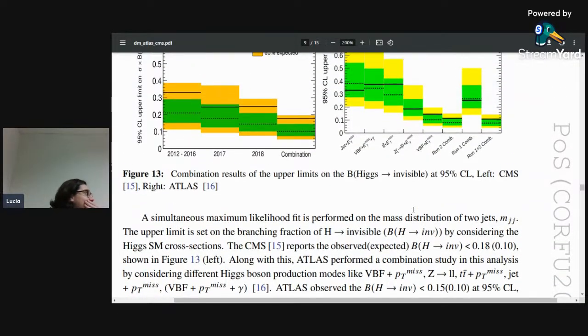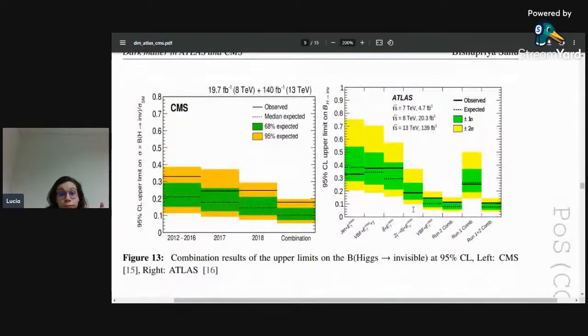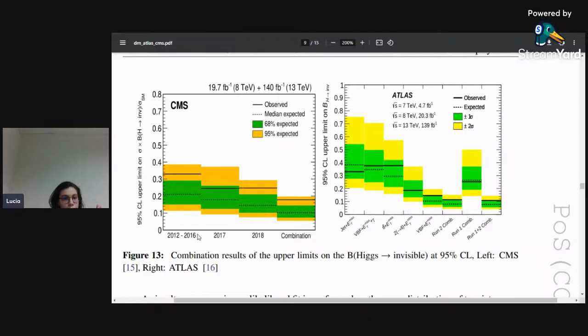I don't understand what the axis is. This one is the time that the data was taken: you took the data, you did the analysis, and from 2012 to 2016 that was the upper limit, observed. The same in 2016, 17, and 2018.